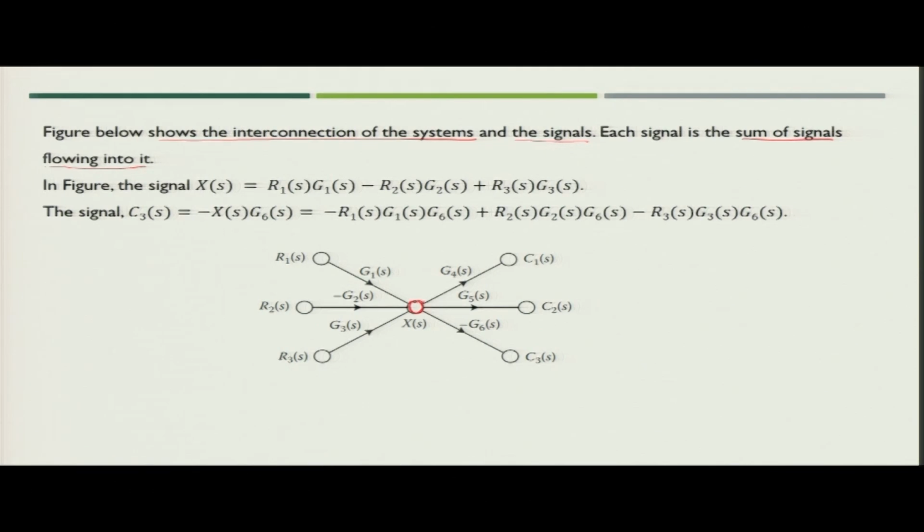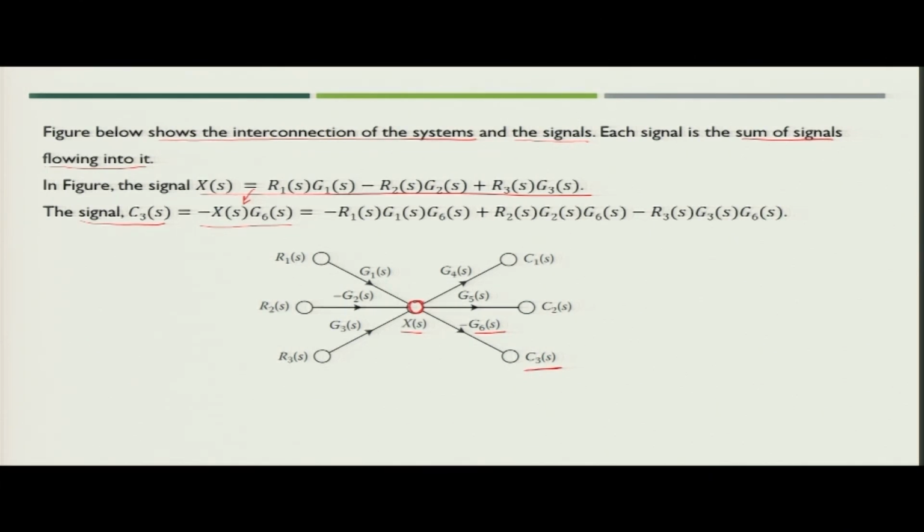So, you get X(s) as the summation of all the signals which are coming to the node. Now, if you are asked to find the value of signal C3(s), C3(s) will be nothing but X(s) into minus G6(s). So, you write minus X(s) into G6(s), and X(s) you have already found, you can put the value of X(s) and simplify, then you will get the value of signal C3(s).